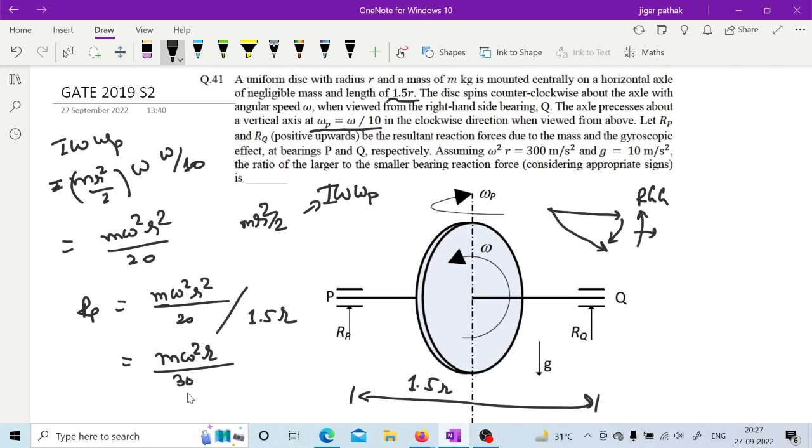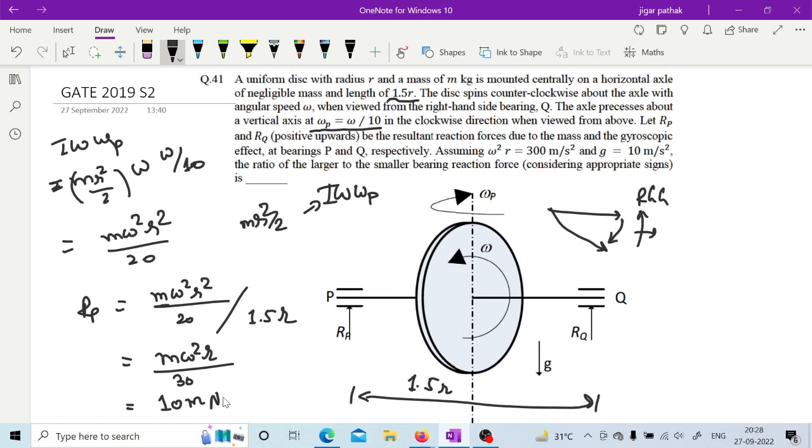So if you put the given values, right, then see here omega square r is given and g is given, right? So omega square r is 300. It means it is 10 m Newton will be the force at P, right?